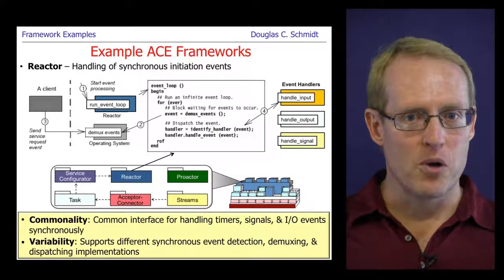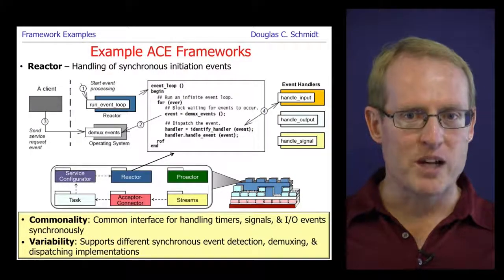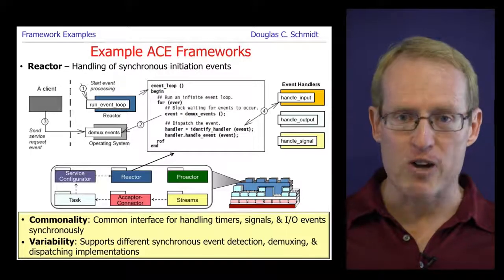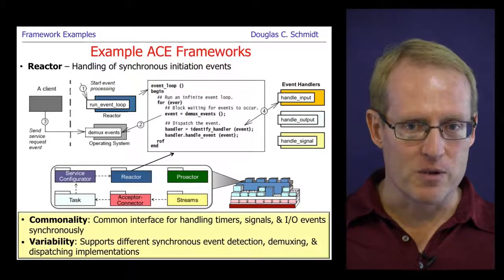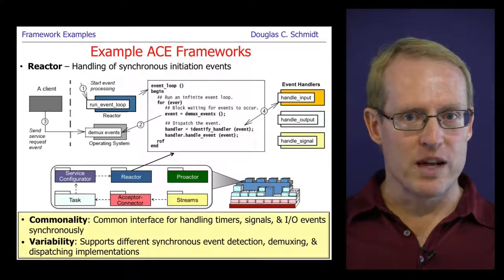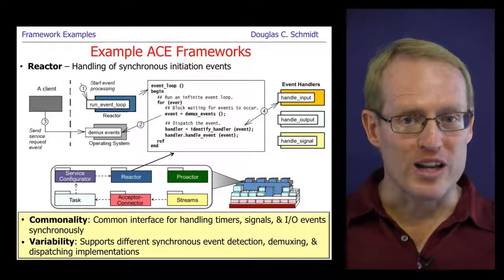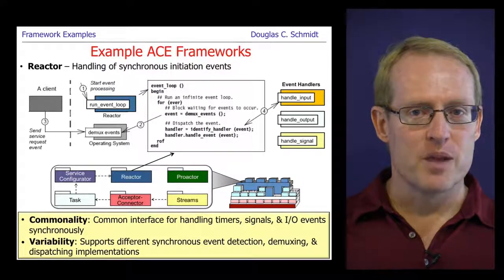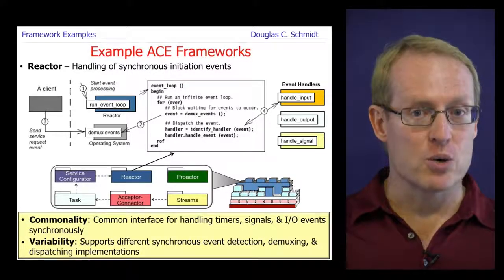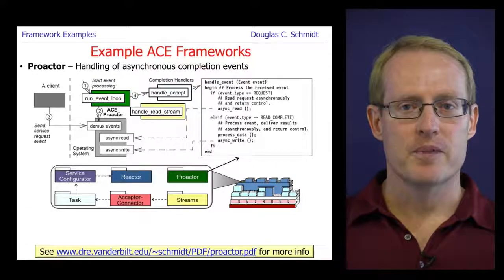Are you working with poll? And so on and so forth. And there's also variations in terms of how the dispatching gets done. Are things dispatched in priority order? Are they dispatched in first come, first serve order? And so on and so forth. So the Reactor gives you a nice environment for being able to leave those responsibilities to the framework infrastructure so you can focus on the behaviors of your application or service components that you define by extending the framework.